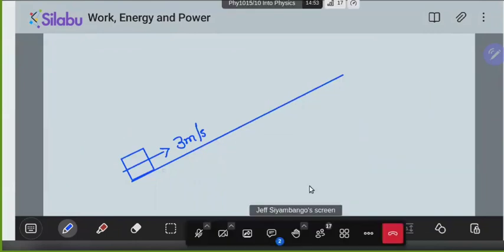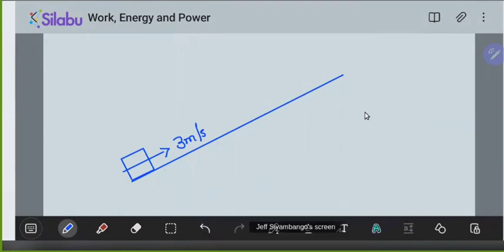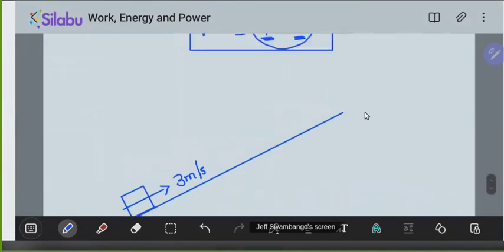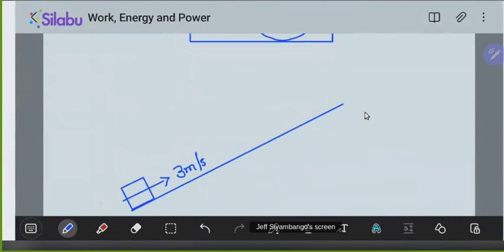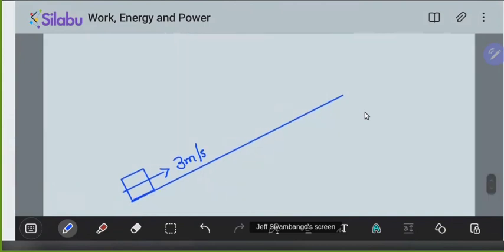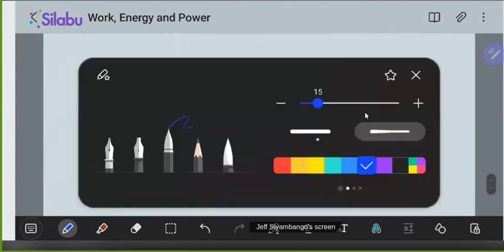So it's moving up at that rate. And then what else do we need here? We need the force. So let's say it's being pushed up under a constant force F.